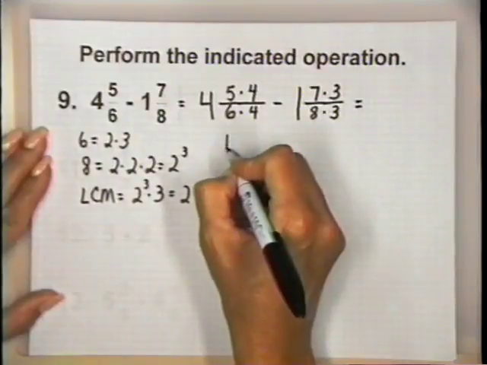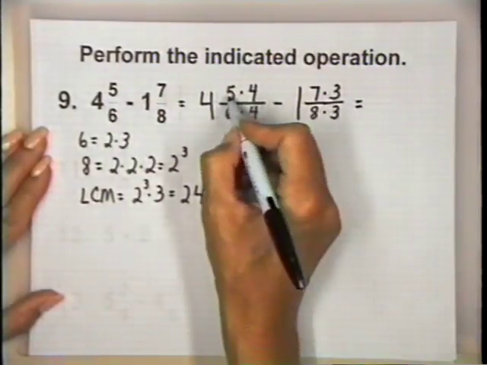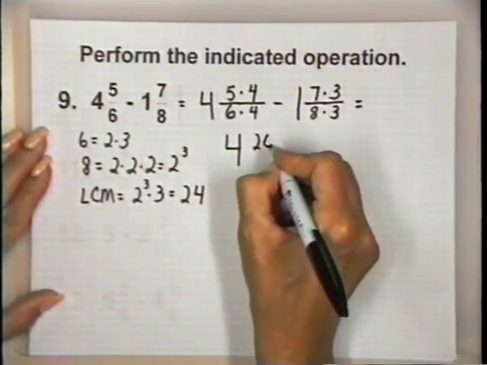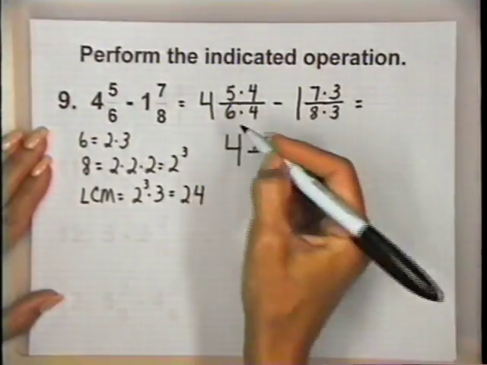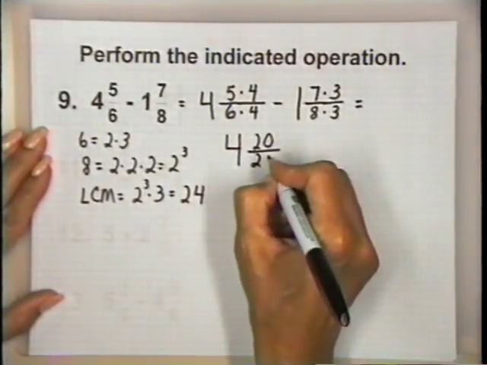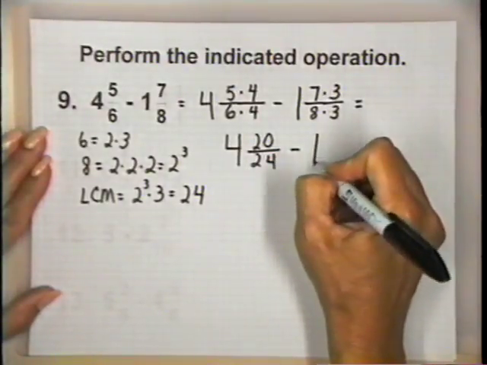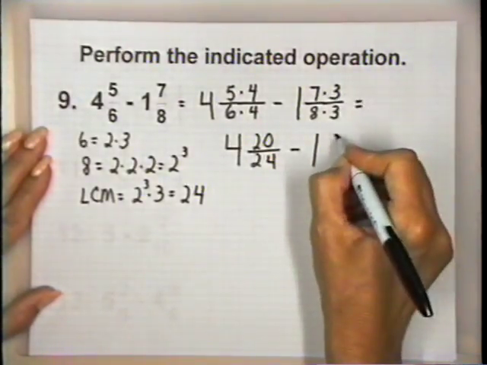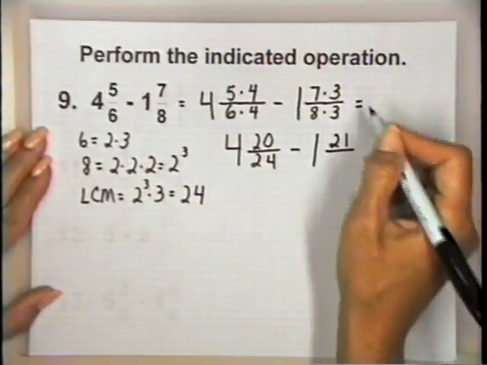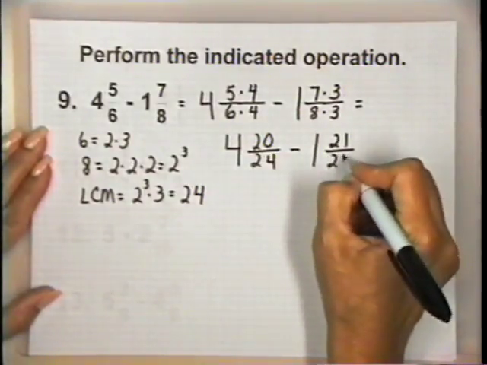We have 4. 5 times 4 is 20 as our numerator. 6 times 4 is 24 as our denominator. Subtract 1. 7 times 3 is 21 over 8 times 3 is 24.